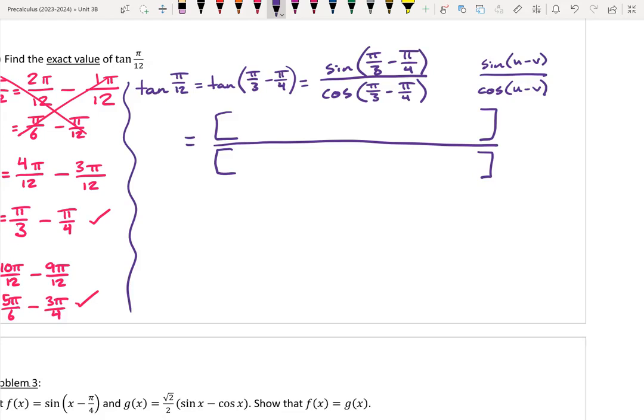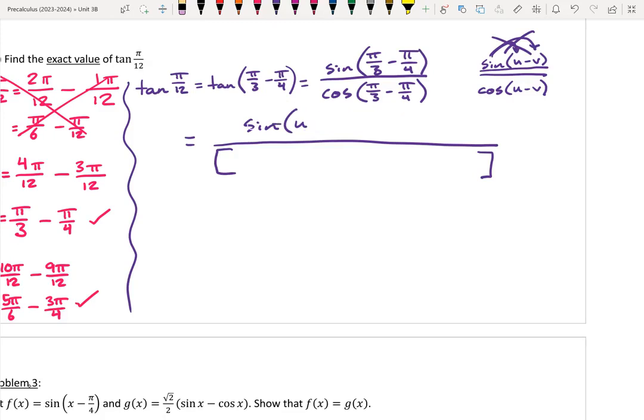Okay, ladies and gentlemen, one thing I do want to mention is that please do not fall into the trap of saying that this, or even this one up here, is just sine of u minus sine of v. You cannot distribute the sine. That is incorrect. We do not distribute the sine. You have to use the entire formula.